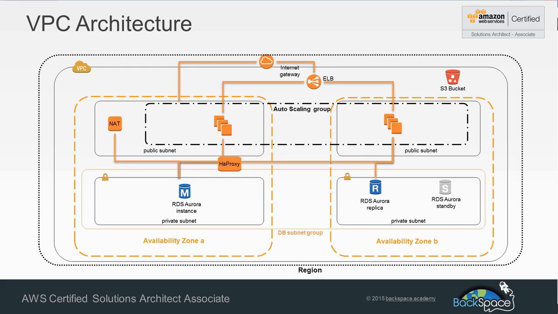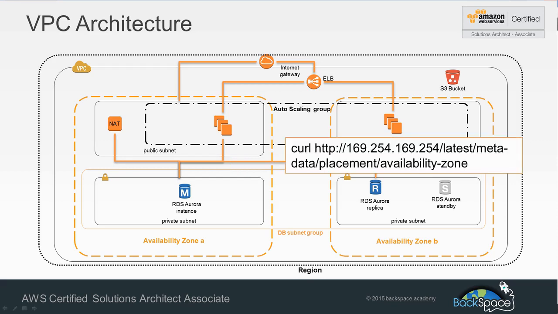There is another solution that's a developer's solution, and again it's beyond what you would expect from an architect associate level course, but we would cover this in our developers course. Upon startup of the instance, developers can check the instance metadata to identify exactly what availability zone that instance is in.